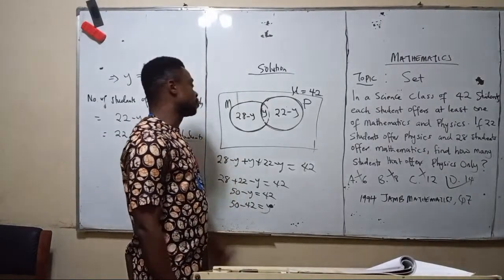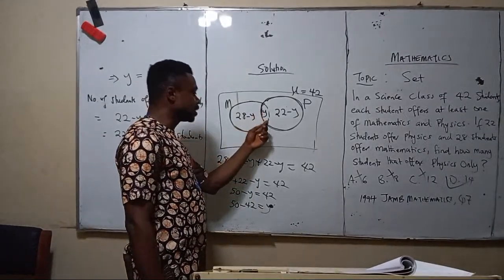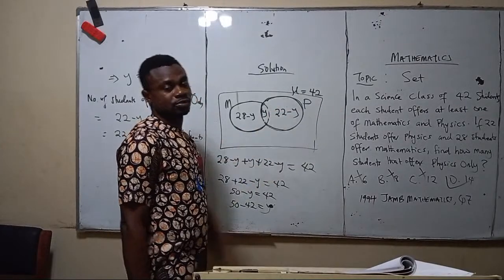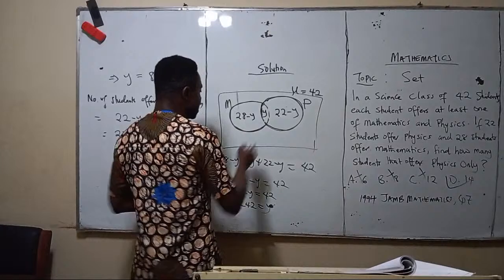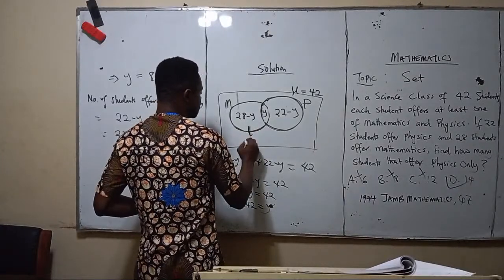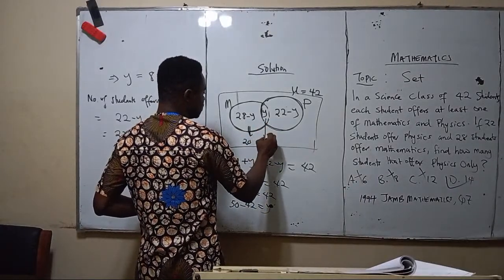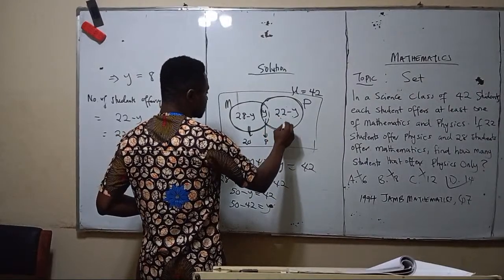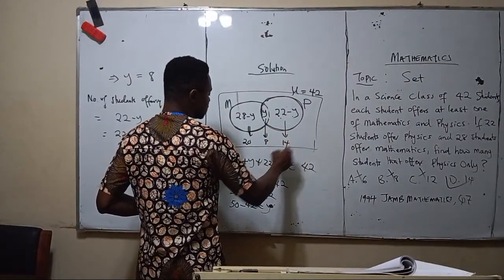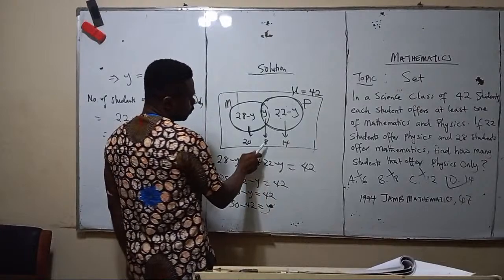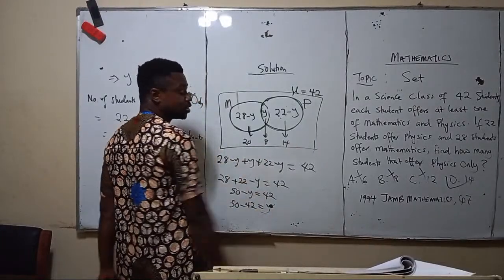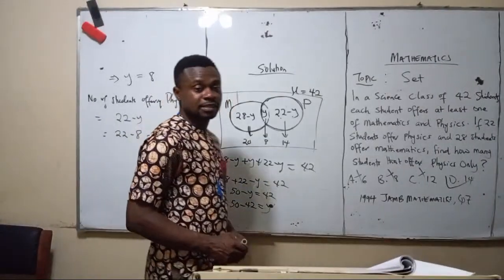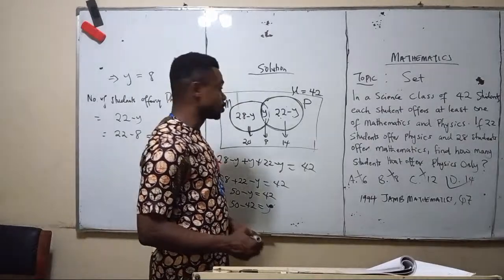So if you now add up 20 plus 8 plus 14, it will be 42. 20 plus 8 is 28, 28 plus 14 is 42.